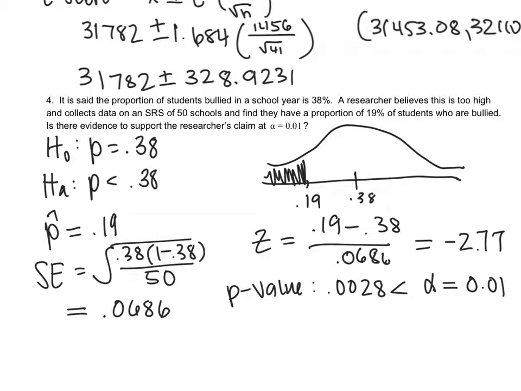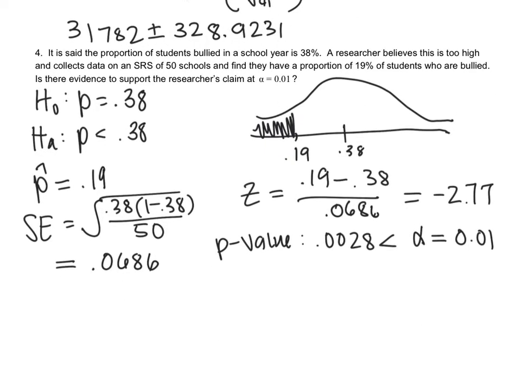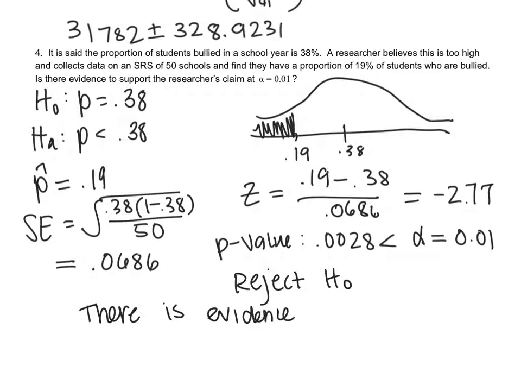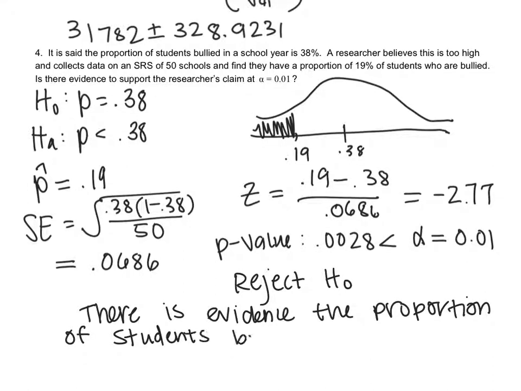So if our p-value is less than alpha, that means we reject our null hypothesis. And then our sentence would say, there is evidence the proportion of students bullied is less than 38%.